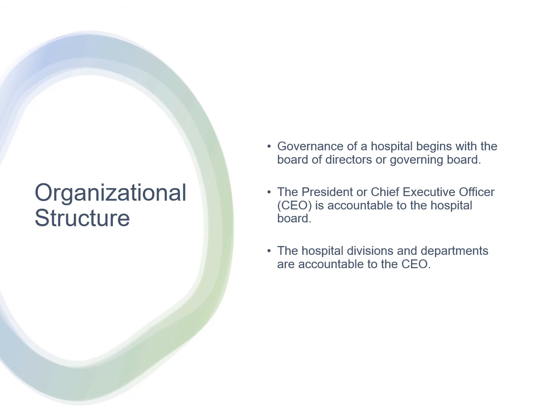They're not usually a physician. There is a medical director that sits in the org chart at the same level of the CEO, but that medical director is who all of the physicians answer up to, and then the medical director and the chief executive officer together make sure that all of the policies and procedures in the hospital are being followed.